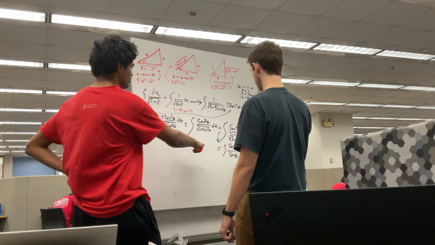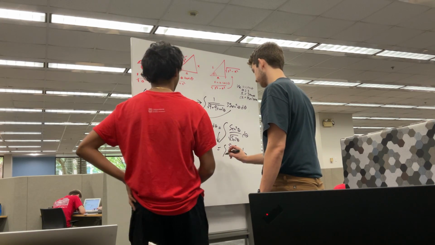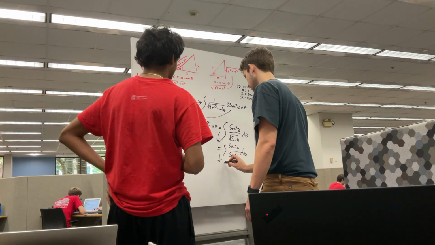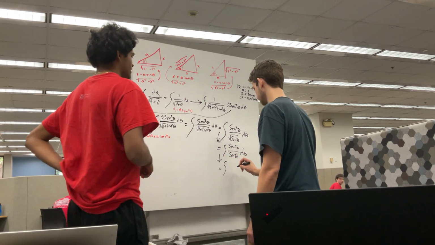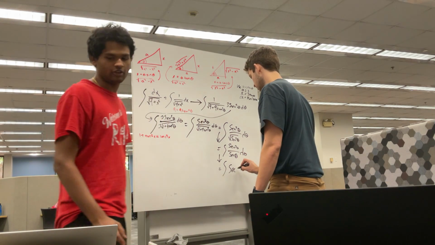Yeah, good catch there. A lot of students forget to get rid of the radical and keep the square, but it's good if you don't. And then this is equal to just secant. And then we're going to have to integrate.